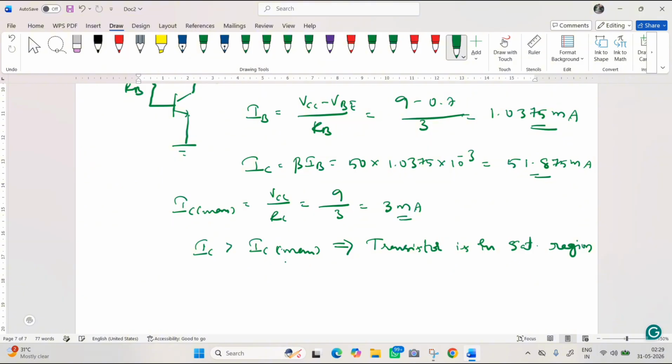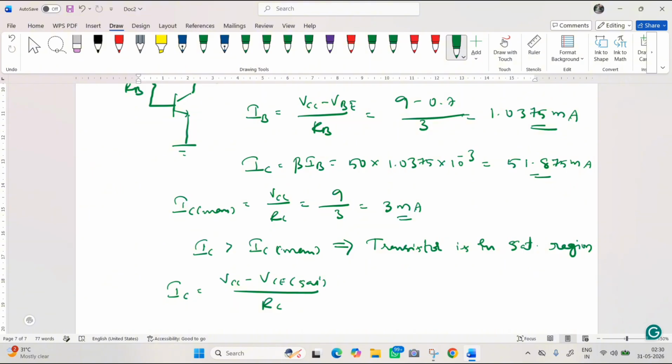Now, if this transistor is in saturation region, how do we find this collector current? This collector current we can find with VCC minus VCE saturation divided by RC. By using this expression, we can find the collector current.